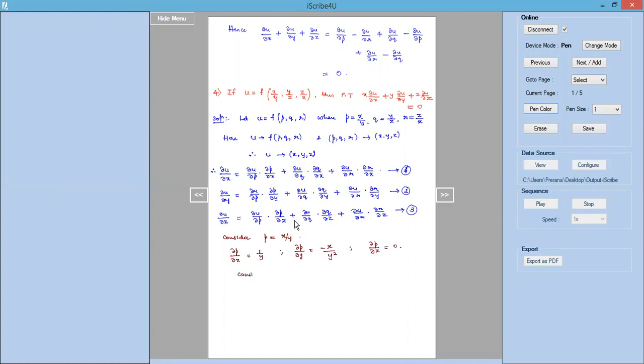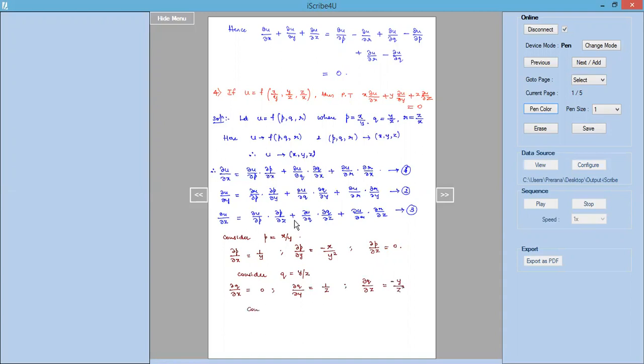Now we consider q in the same manner. q is given as y/z. So ∂q/∂x is 0. ∂q/∂y gives us 1/z. And ∂q/∂z: y is constant, and differentiation of 1/z is −1/z².